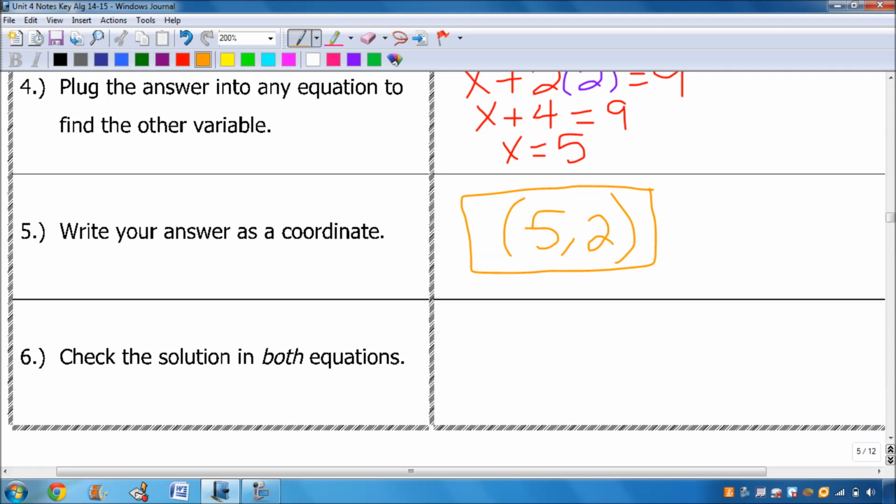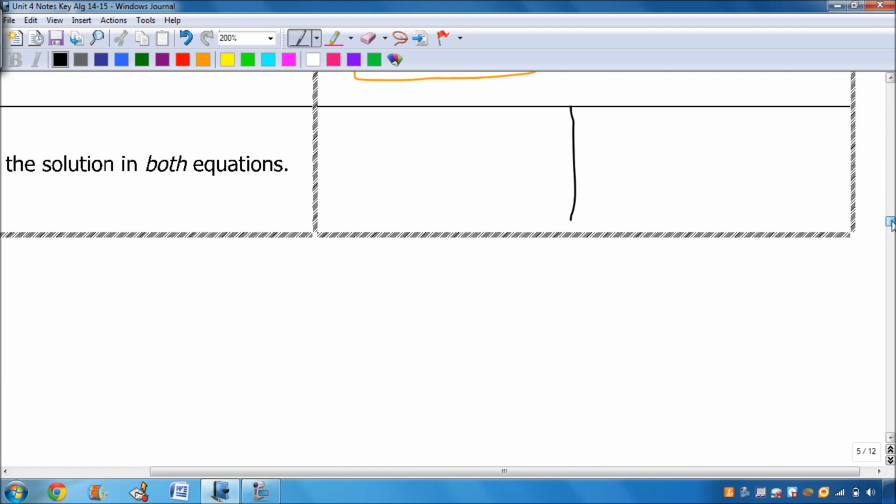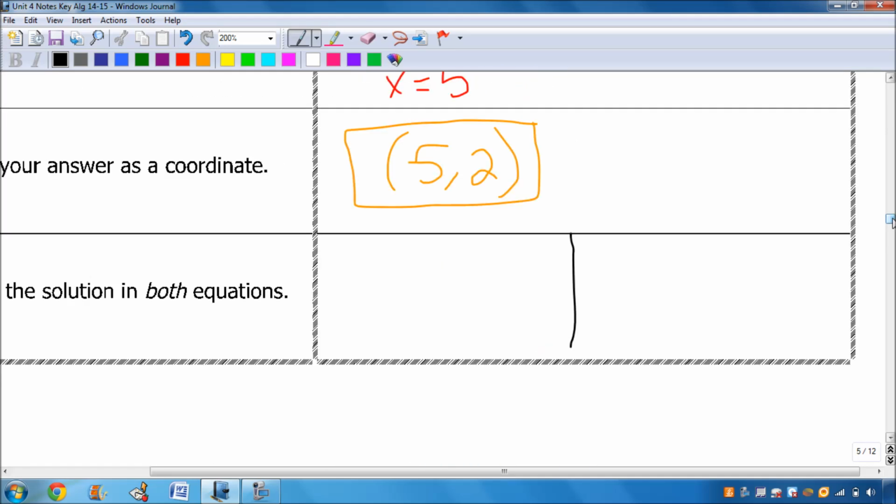I'm going to split this down the middle so that I can check the equation twice, especially since there's two equations, right? So the first equation was 3x minus 2y equals 11. So I'm going to go ahead and write that down. 3x minus 2y equals 11, but instead of x, I'm going to replace it with 5, and instead of y, I'm going to replace it with 2, okay?